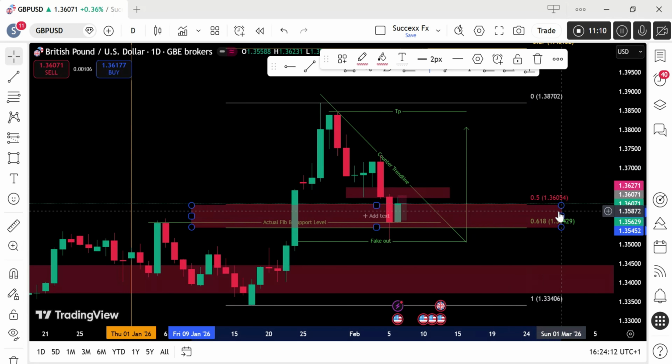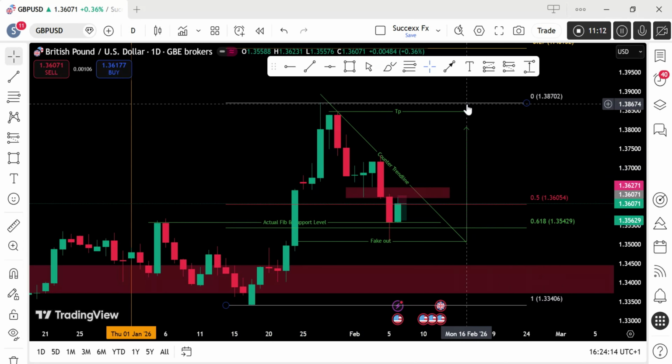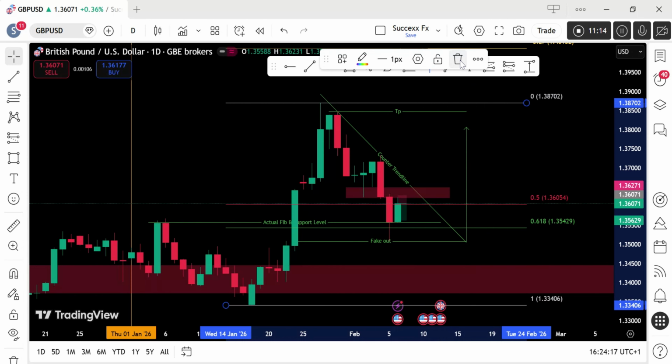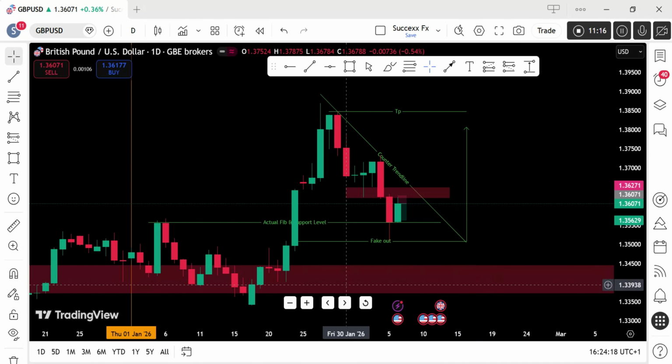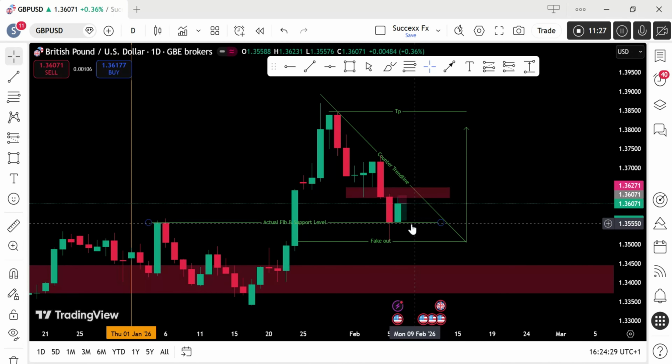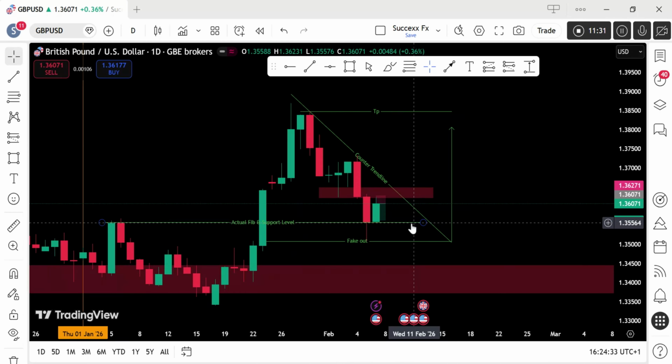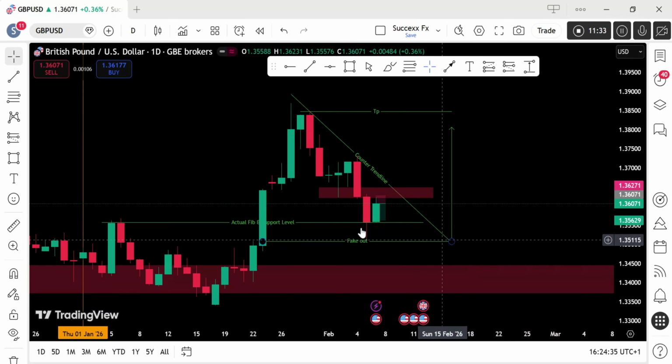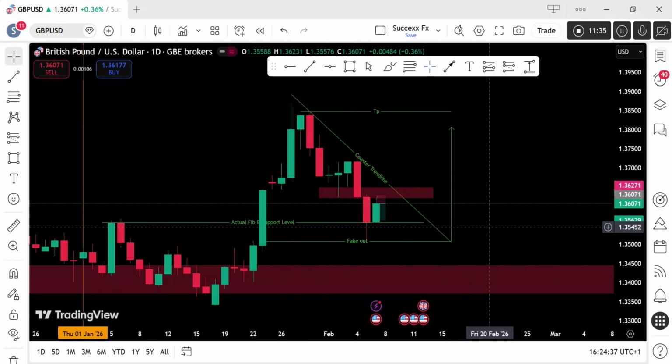Then let's take away this Fibonacci because I want us to use pure price action for this analysis. Here I say actual Fibonacci support level, in other words, this is the actual support level where price closed for the retracement. So yeah, we're still very much anticipating a buy.